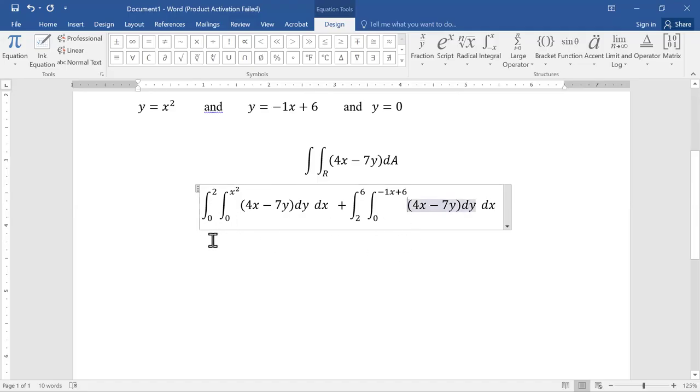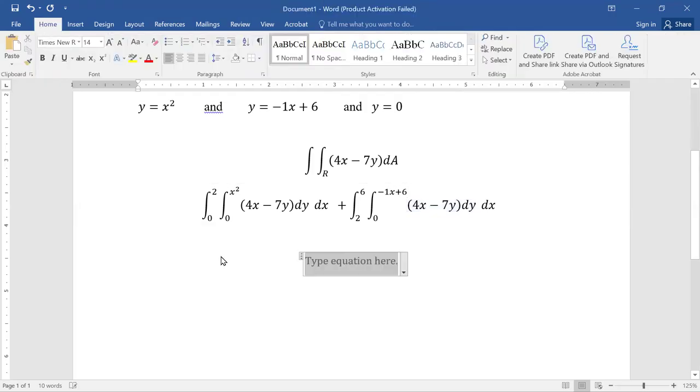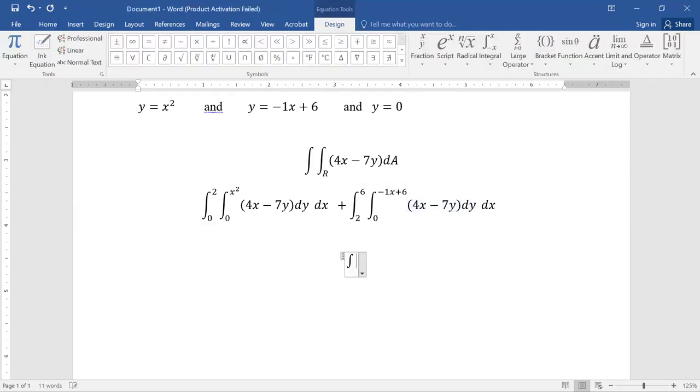Now, in both of these cases, we are going to integrate (4x minus 7y) with respect to y. So that's going to give me 4xy minus 7 halves y squared. In the first one, I'm going to go from 0 up to x squared.